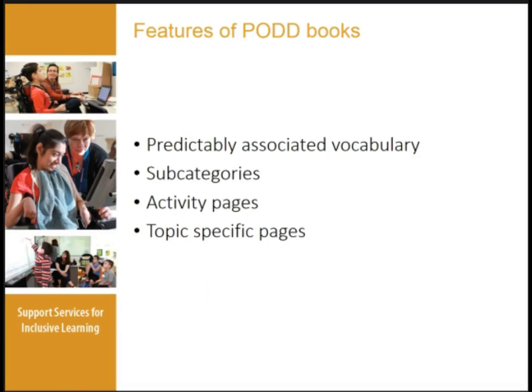All of the PODD books are organized with similar features, including predictably associated vocabulary, subcategories, activity, and topic-specific pages. Consistency in features allows growth between books while reducing unlearning and relearning for everyone who uses them.